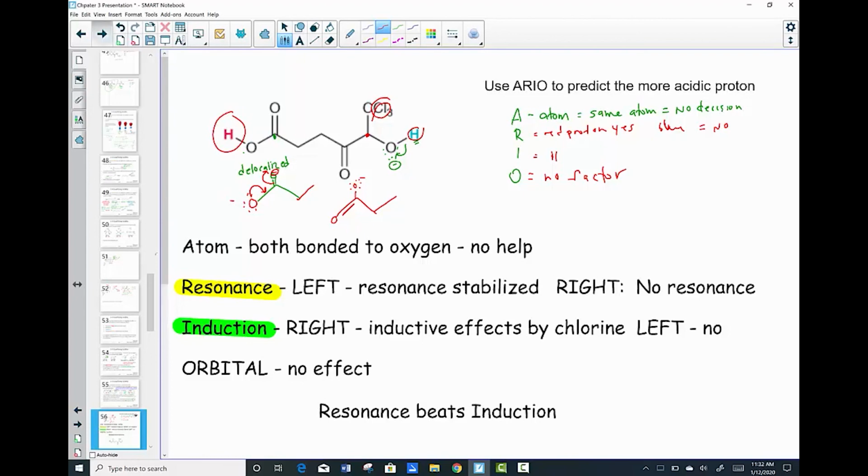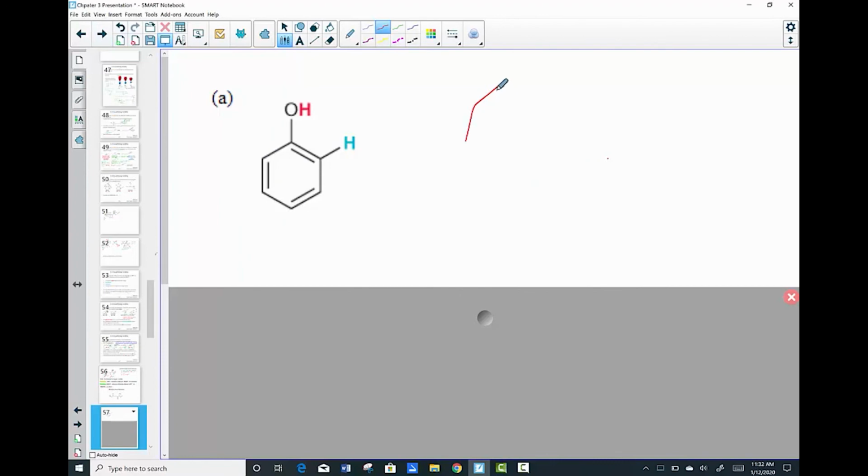How about here? Which one is more acidic? Well, if you consider removing both protons and just look to see what conjugate base forms, we have the first conjugate base that looks like this, and the second conjugate base that would look like this.